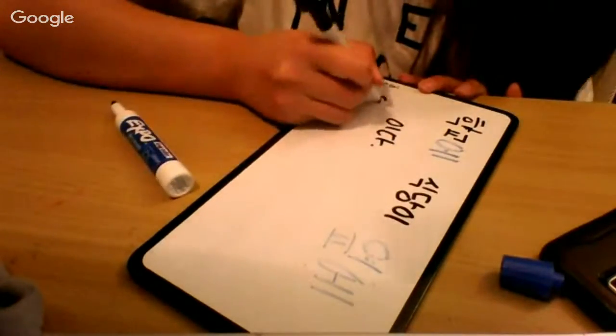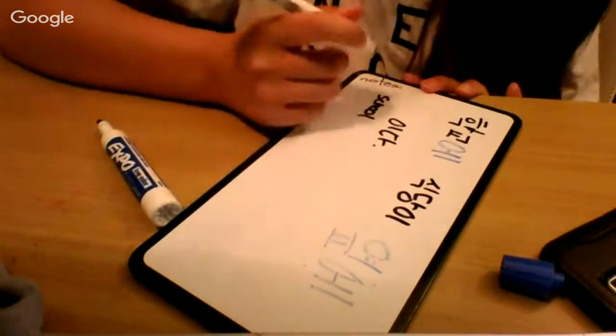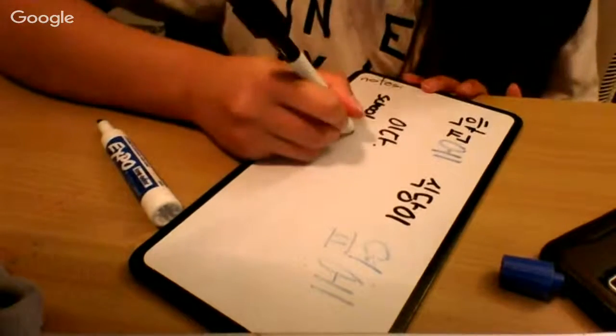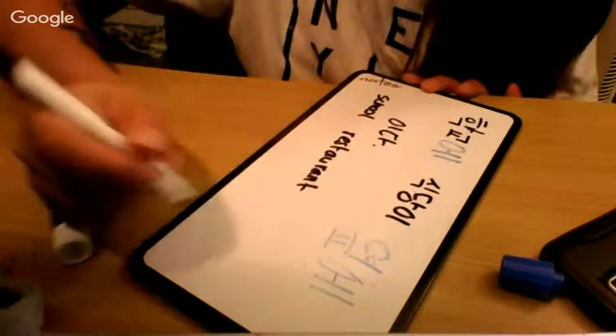Alright, so if you break it up into what I call Fabi English: school, which is 학교, restaurant.